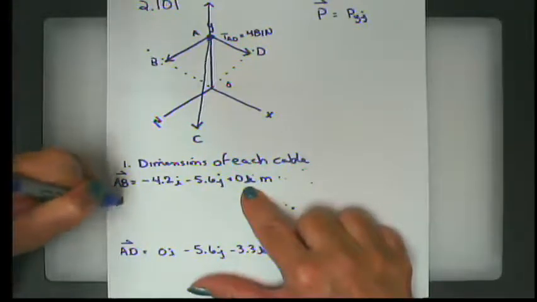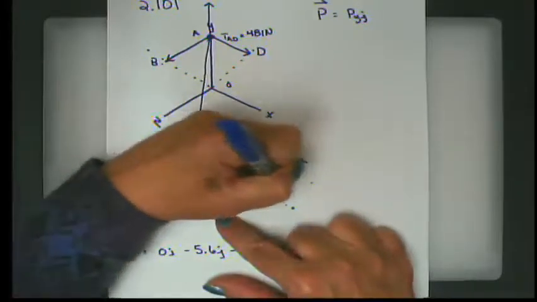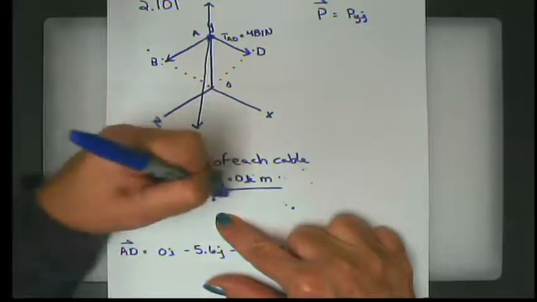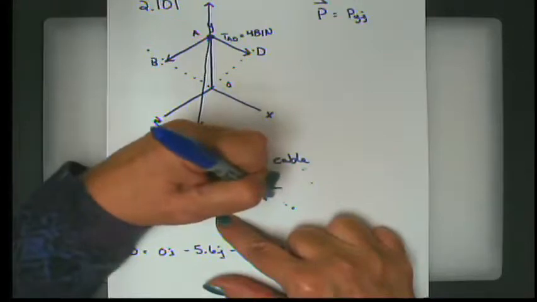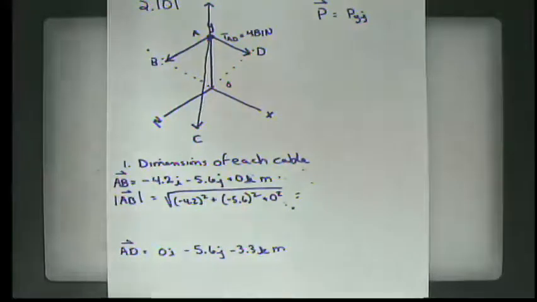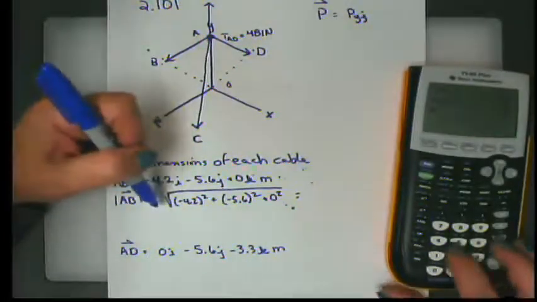The next thing, you want to find the length of AB. We do that using that three-dimensional version of the Pythagorean theorem. So we square each of the components, add them together, take the square root of the whole thing. And so what I have here is, I take 4.2 squared.